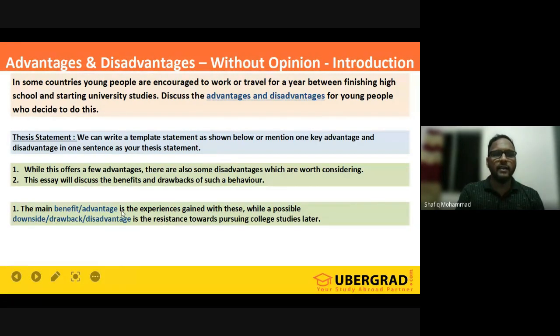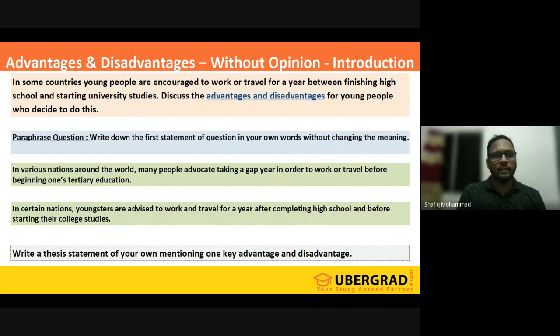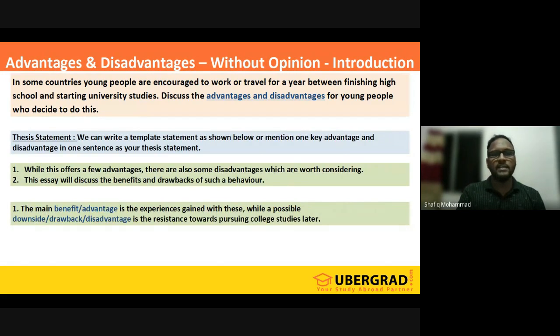The main thing, giving an example over here, you can even give it in the body paragraph also. Okay, but definitely you should have one paraphrasing of the question, one statement, the thesis statement, and the outline of the essay. Okay, these are very important.